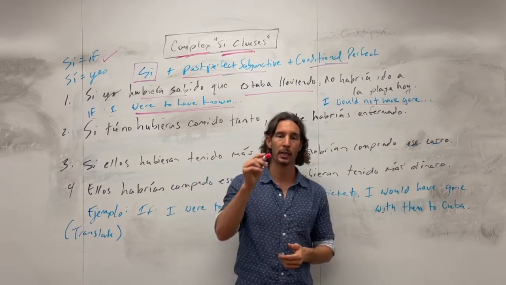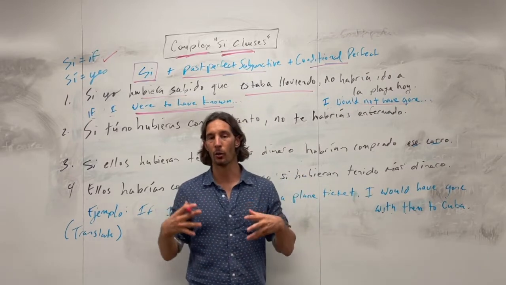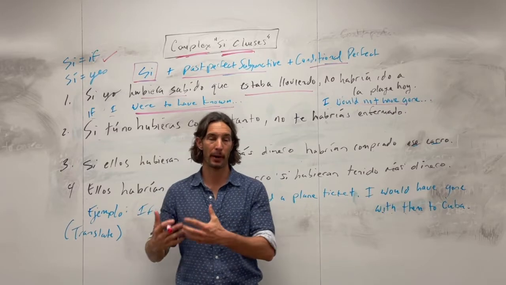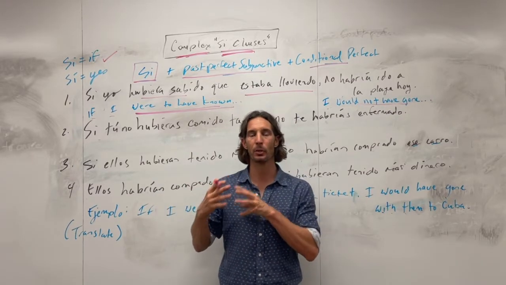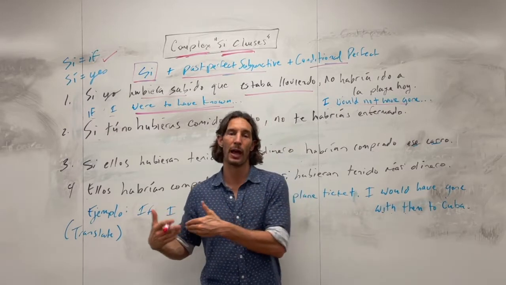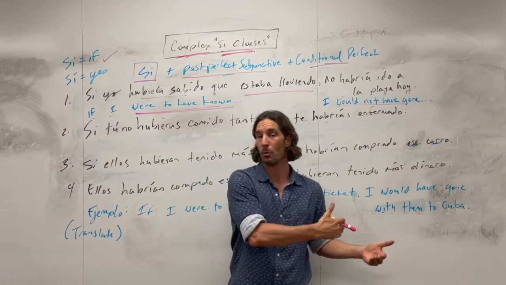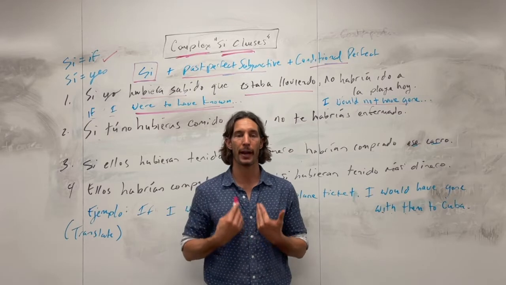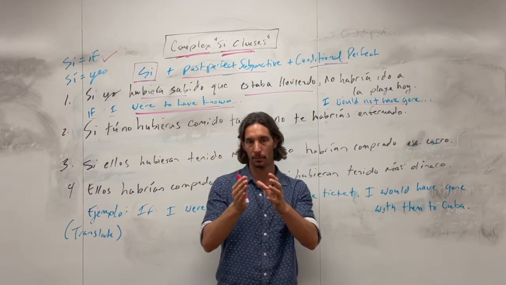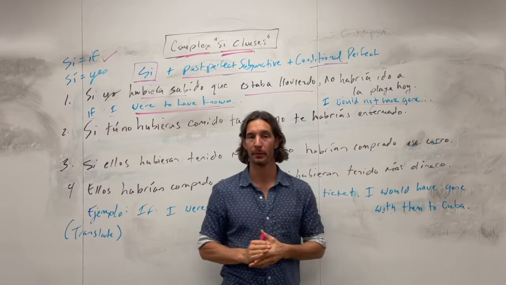And so complex si clauses are going to do that, but they're going to use perfect tenses, right? Whereas the simple si clauses create sort of a hypothetical, right? If I were to have more money, I would travel more. Si yo tuviera más dinero, viajaría más. So si, past subjunctive, conditional, for example.